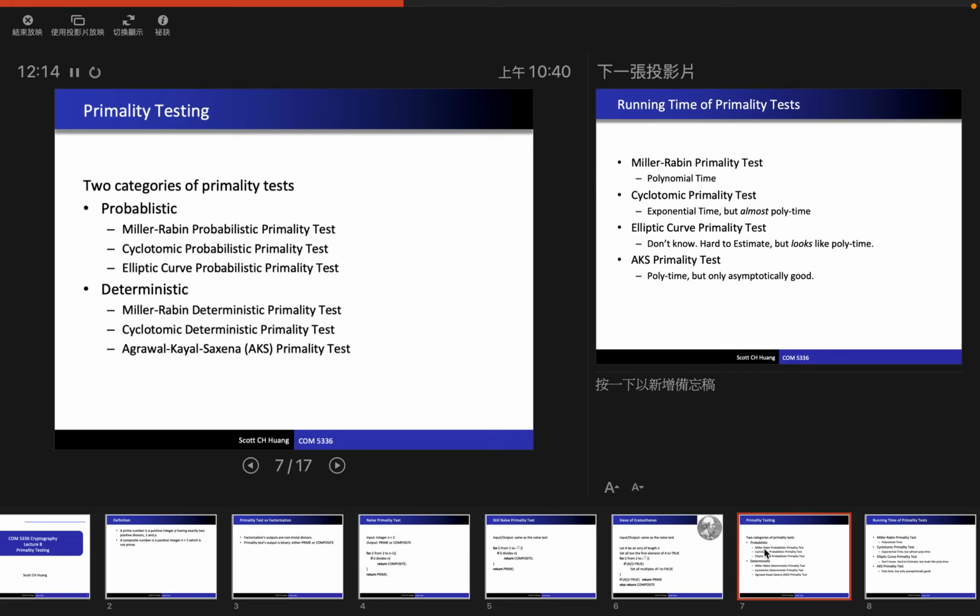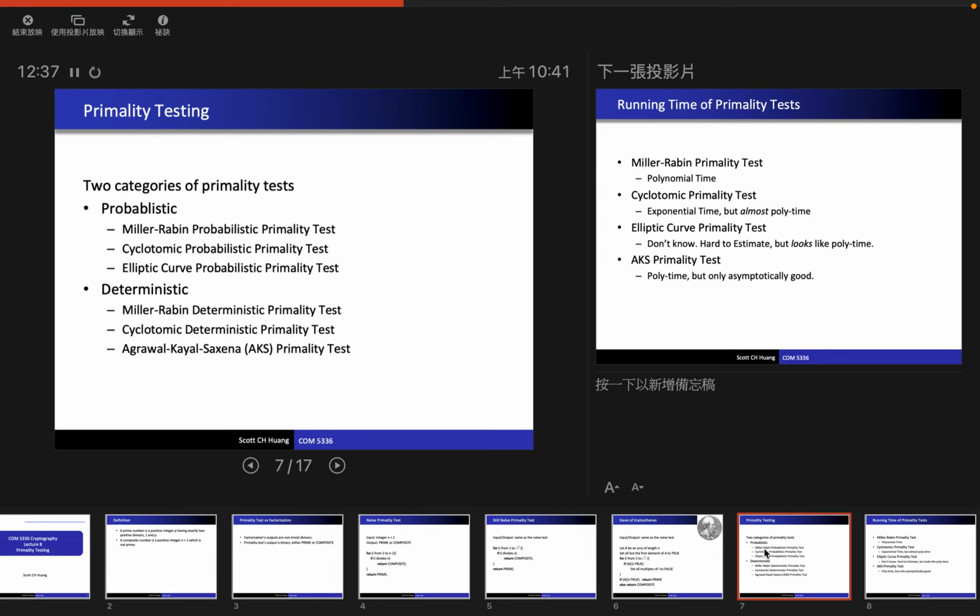Now let's move on to some primality testing algorithms that are really in use today. There are two categories of primality tests. Number 1 is probabilistic. Number 2 is deterministic. The probabilistic one gives you a really good estimate.